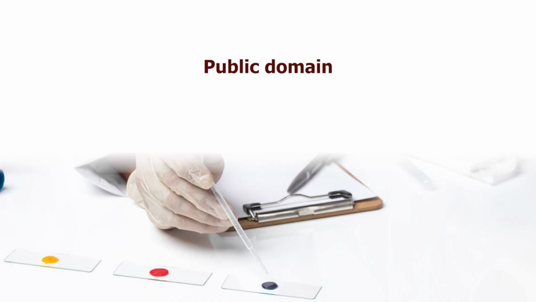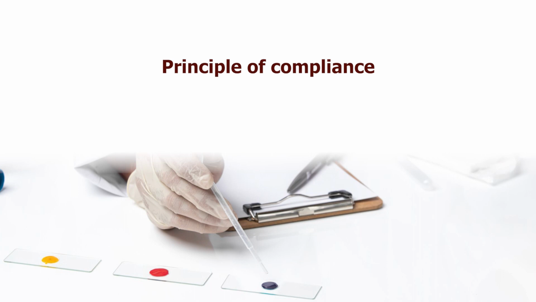Public domain. The results of any research work done should be made public through publications or other means. Even before publication, the detailed information of clinical trials should be made public before start of recruitment via a clinical trial registry system that allows free online access. Principle of compliance.